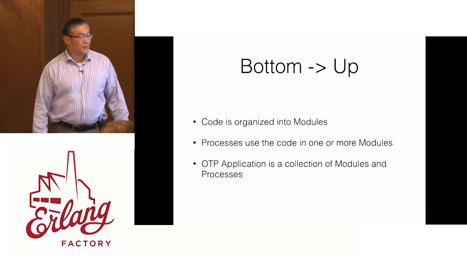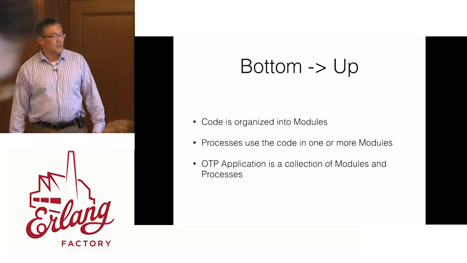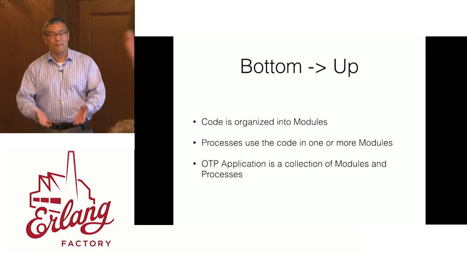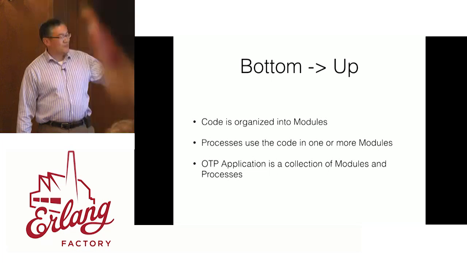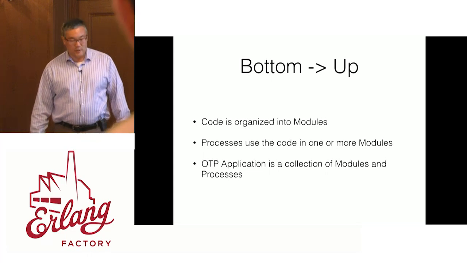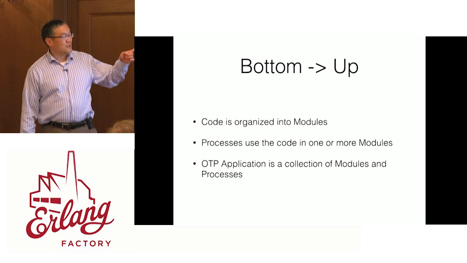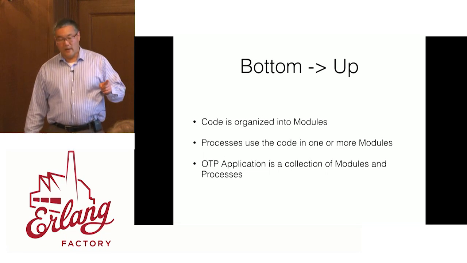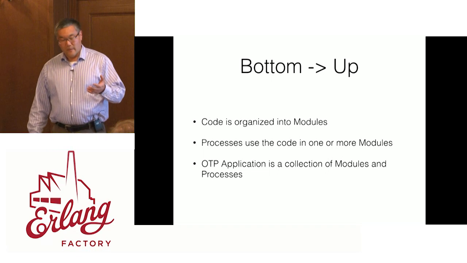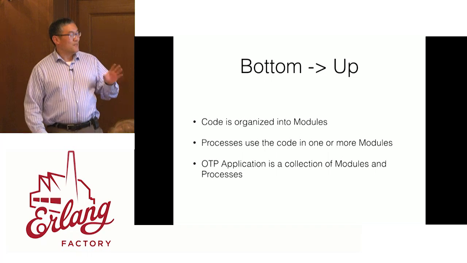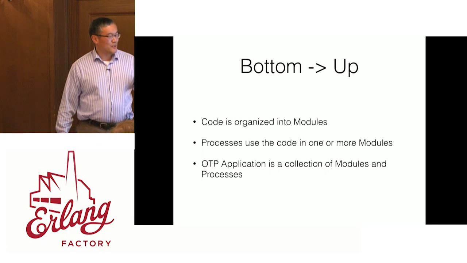So just to start with some background information about the OTP releases, we'll start from the bottom up, all the bits and pieces. As you know, you organize your functions into modules in Erlang, and processes are going to use code that's in one or more of those modules in the application. An OTP application, and application, unfortunately, is a very overloaded term.